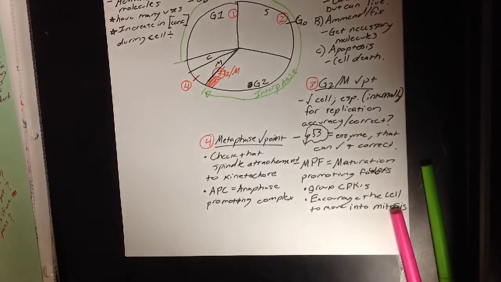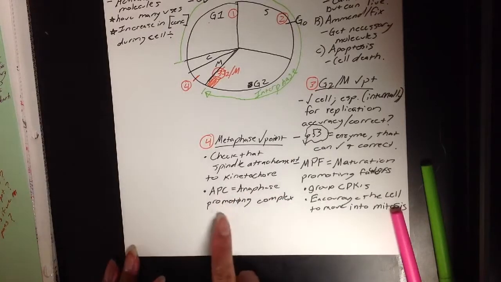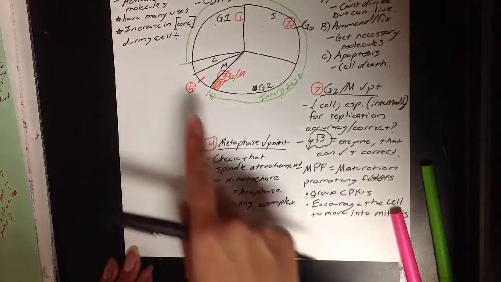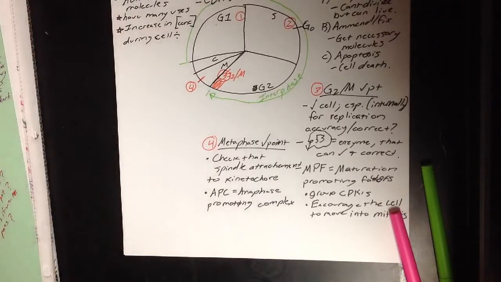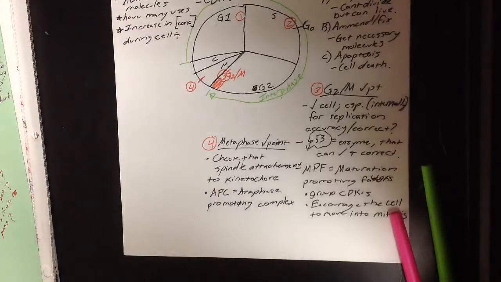And as we know now, that's really important for the shortening of the spindle fibers so that we can move the chromosomes to the opposite ends of the cell. That's actually going to be our last checkpoint here, and from there we're going to be able to move into C, which is cytokinesis.